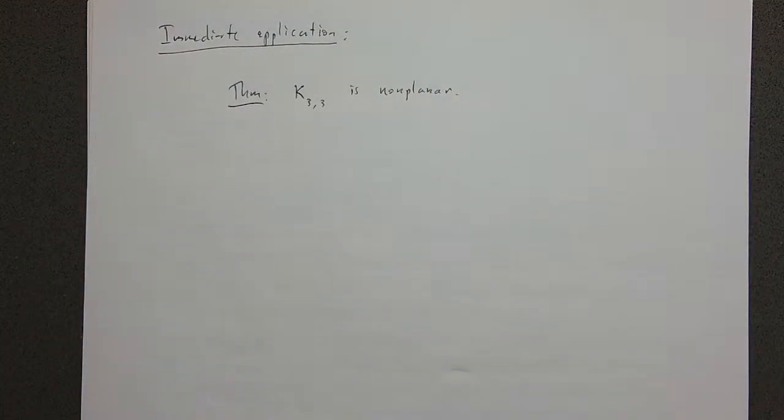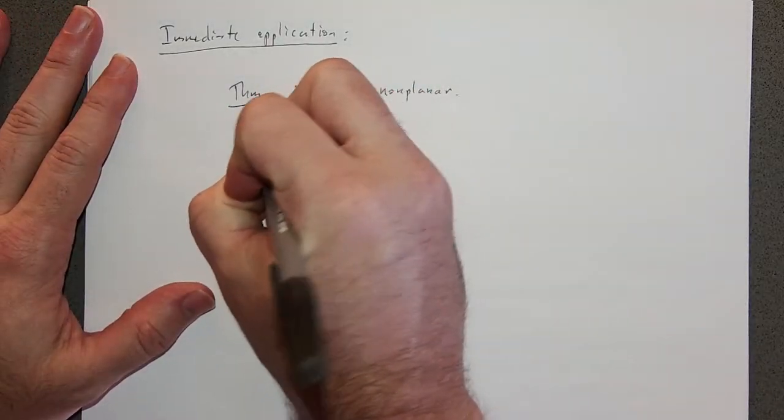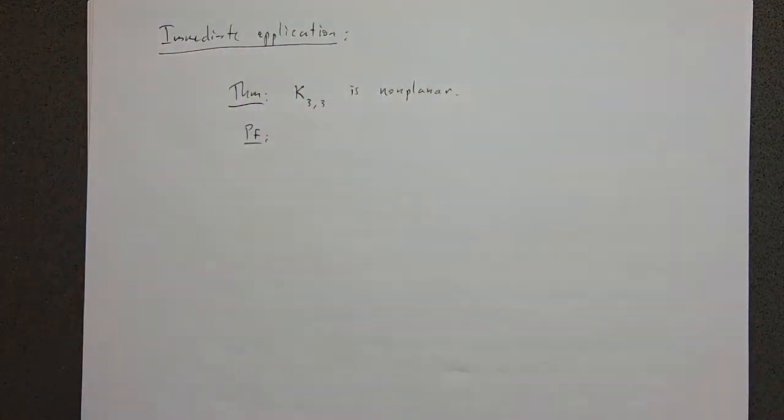So, rather than try to cook up some argument that any potential planar representation is impossible without having any tools, we now have the Euler characteristic, which says if this thing was planar, it has to satisfy that formula. So, what do I do?